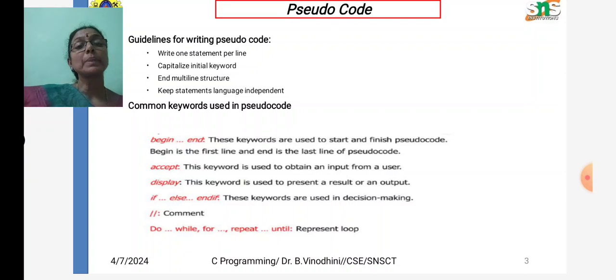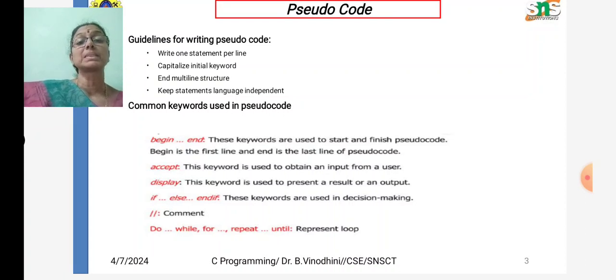Next, for decision making, we use IF, ELSE and END IF. For comments, we use the double slash. Comments are mainly used at the beginning of the pseudocode to represent the name of the program and the input symbols.